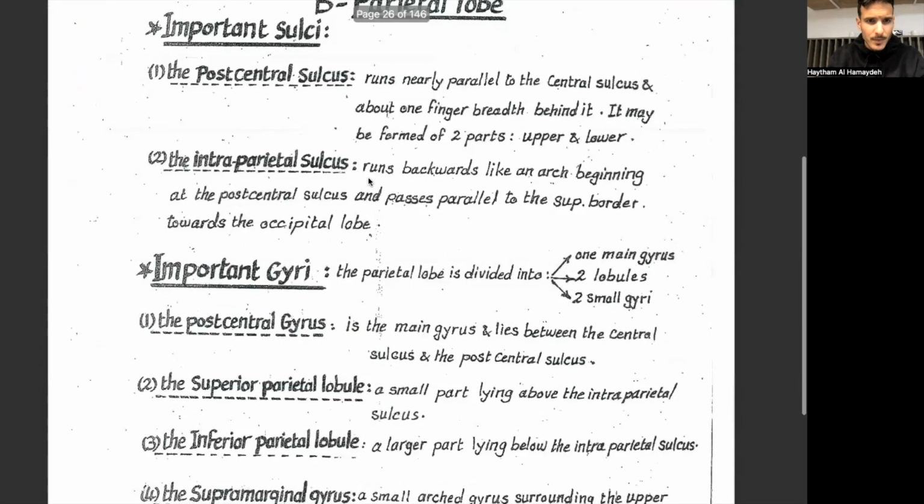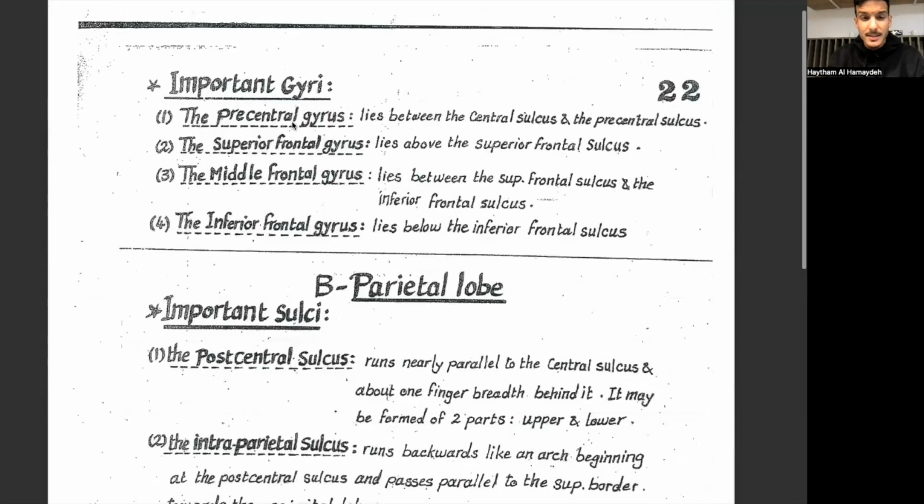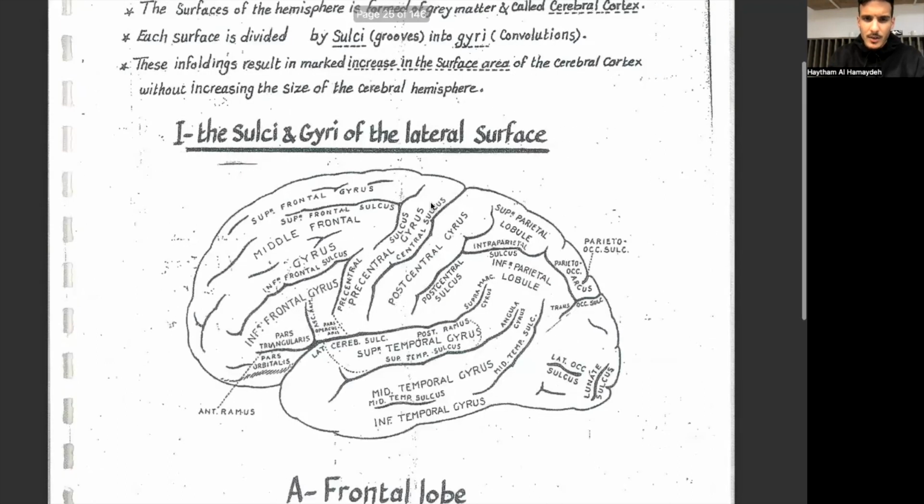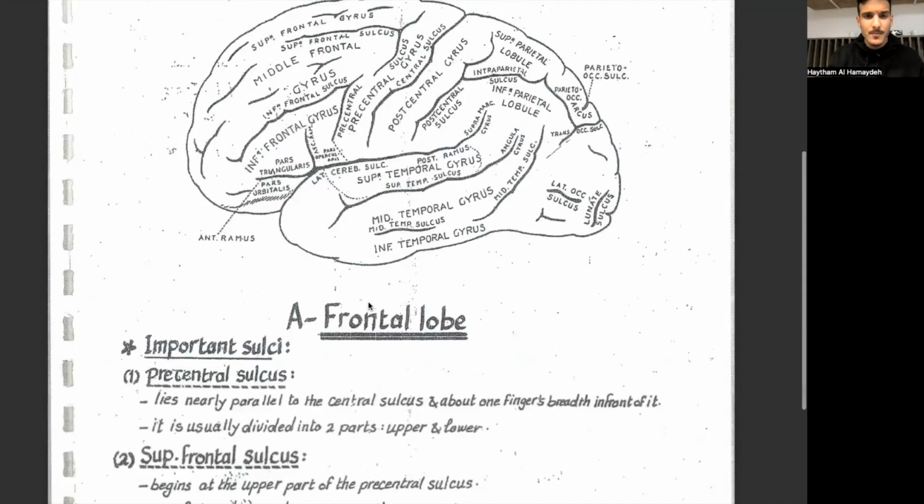Sorry, here, the precentral gyrus. So the precentral gyrus, like here, lies between the precentral sulcus and the central sulcus.